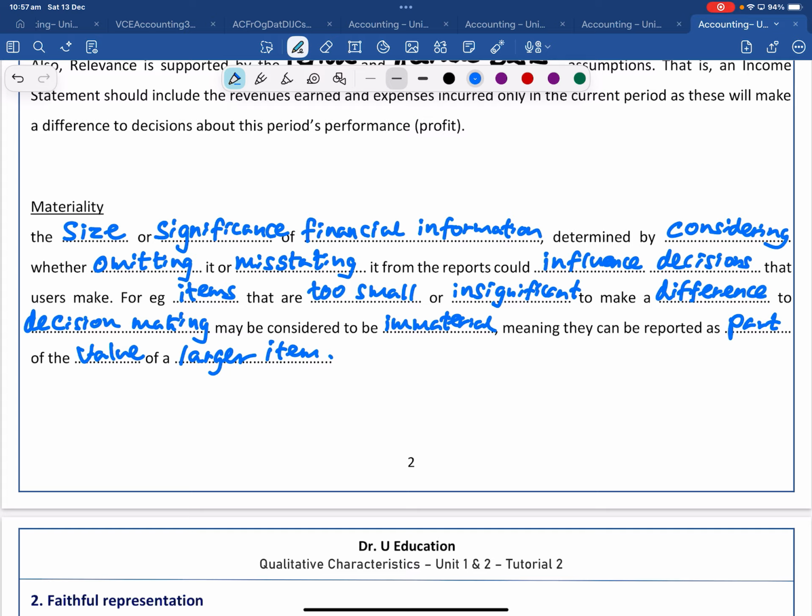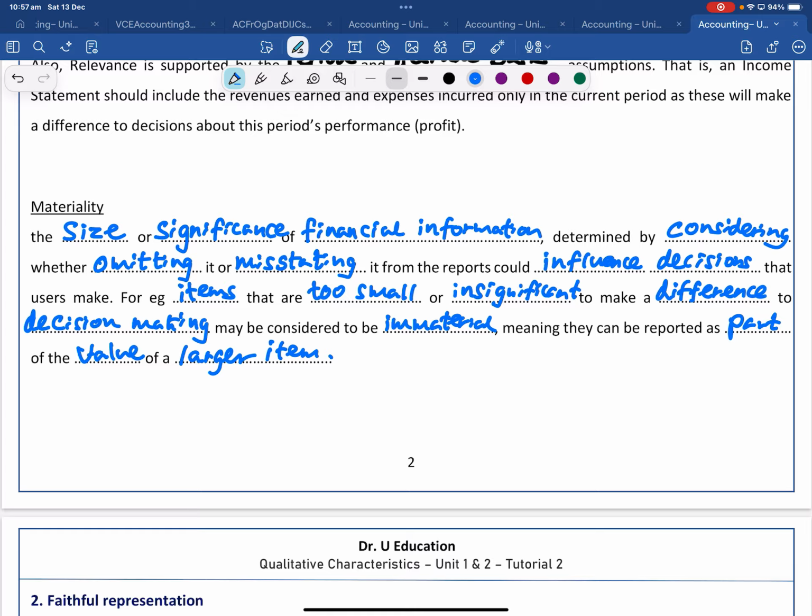Misstating means we have probably recorded it incorrectly. Maybe like 50 has been recorded as 55, or 50 has been recorded as 500. Mistake. Okay. So omitting or misstating it in reports could influence decisions.